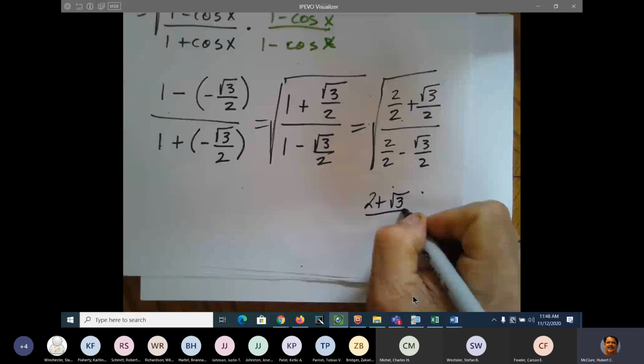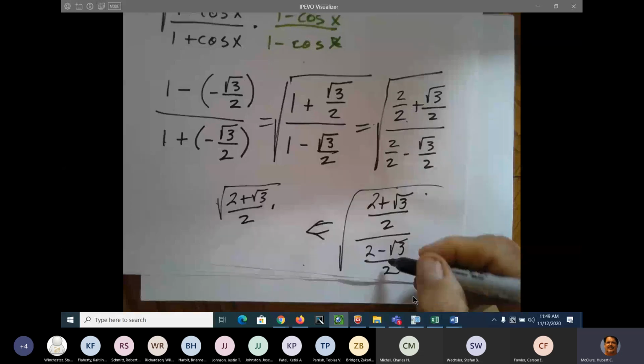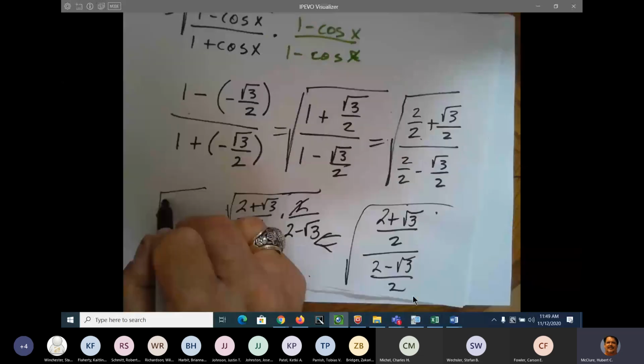The 2's will cancel, so you're going to get the square root of 2 plus the square root of 3 over 2 times 2 over 2 minus square root. You see what's happening? And you get the square root of 2 plus square root of 3 over 2 minus the square root of 3 right here.